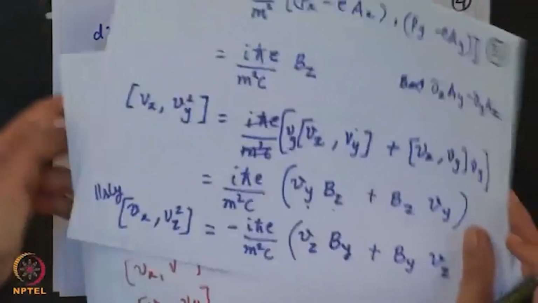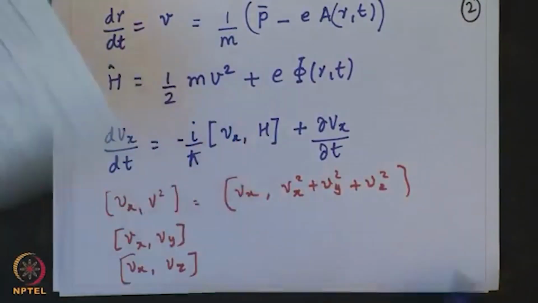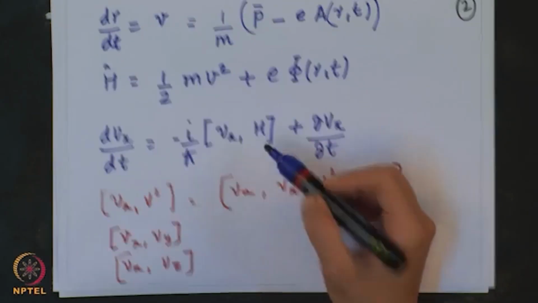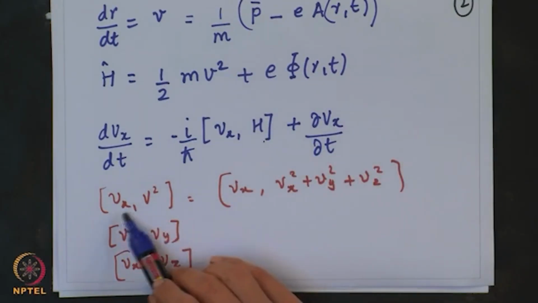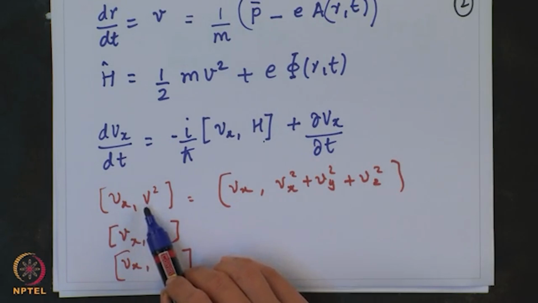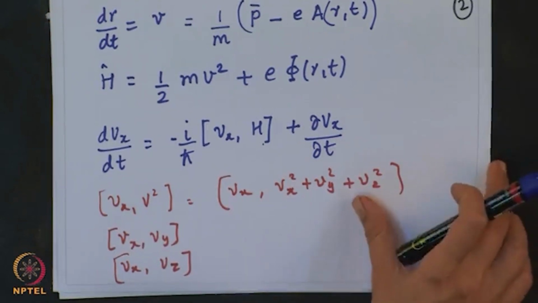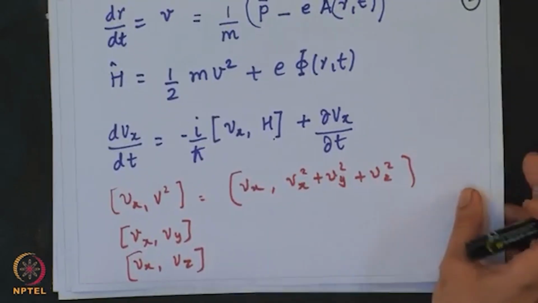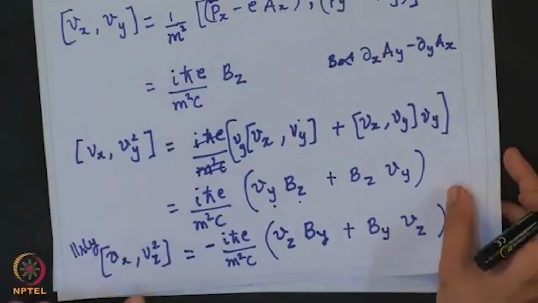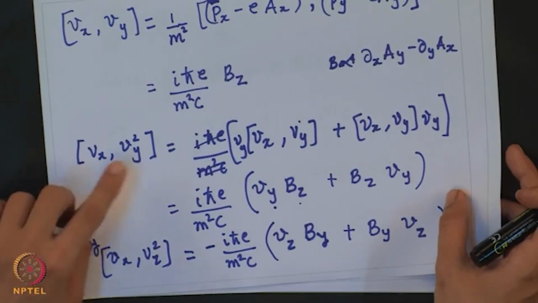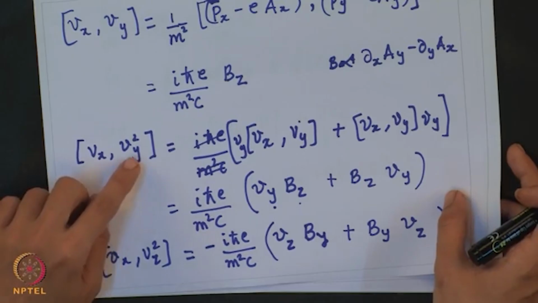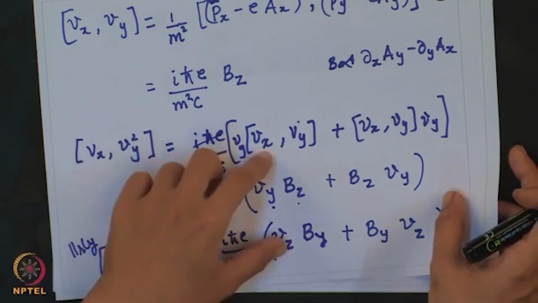So, just let us go back here. We had to find out [V_x, V squared], and we have broken it in steps, wherein we obtain V_x squared plus V_y squared plus V_z squared, and we add these two.